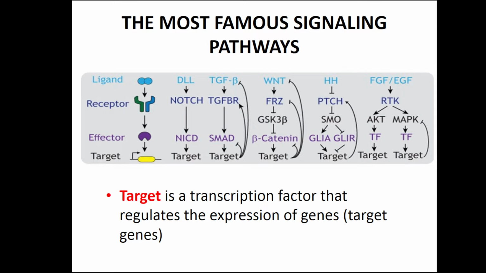On this slide, you can see the most famous signaling pathways. Now, here are presented only 5 pathways, but in reality there are more. I said previously more than 100, and they can work crossed.